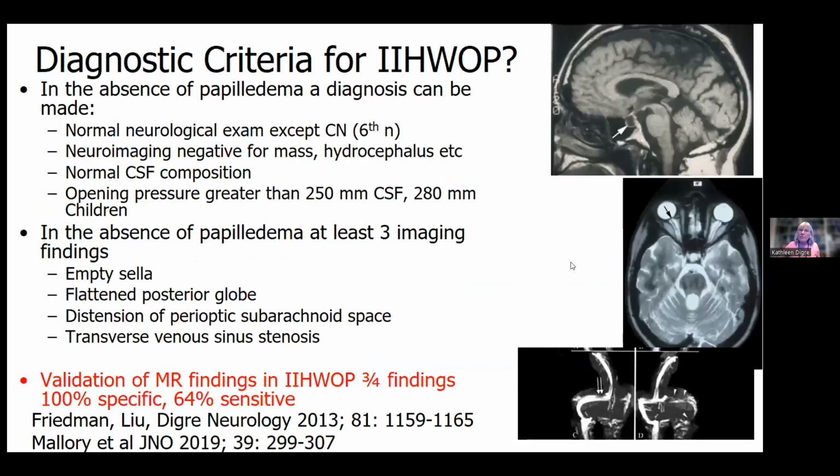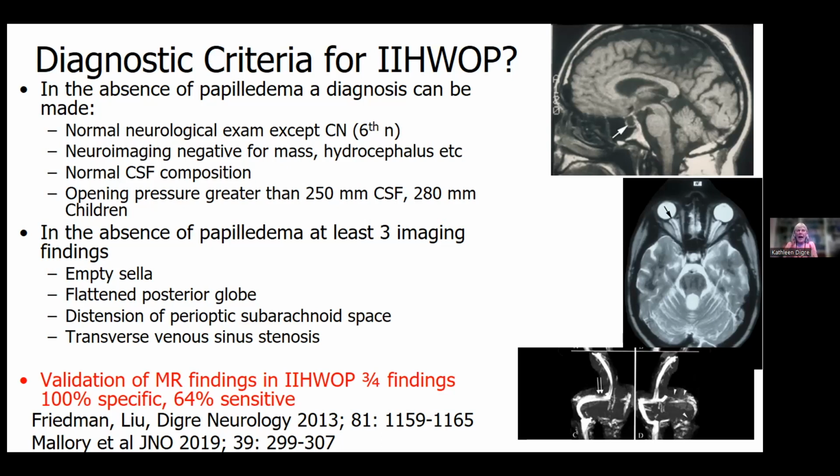Now, you can make the diagnosis of IIH, idiopathic intracranial hypertension, in the absence of papilledema, if you have a normal neuroexam, the imaging is negative for mass or hydrocephalus or other causes of high pressure, the spinal fluid is normal, and the opening pressure is elevated.